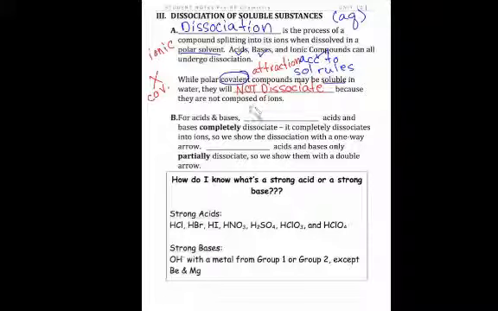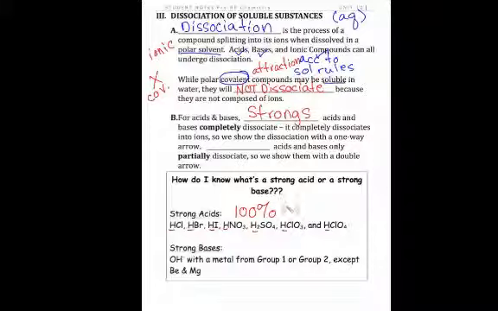Okay? Now, for acids and bases, we have two types. We have strong acids. Acids are substances that have an H+ to donate. So here's our list of our strong acids. Strong acids dissociate 100%.